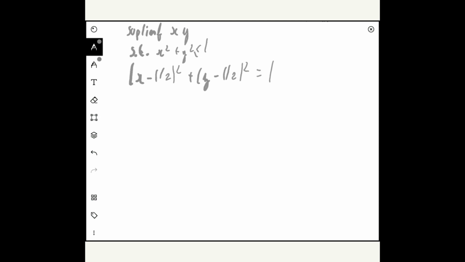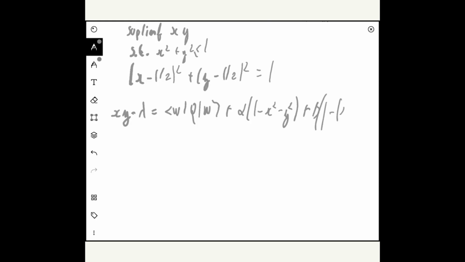So basically what we want is xy minus lambda equal to w plus the constraints, so plus alpha times (1 minus x squared minus y squared) plus beta times (1 minus (x minus 1/2) squared minus (y minus 1/2) squared).